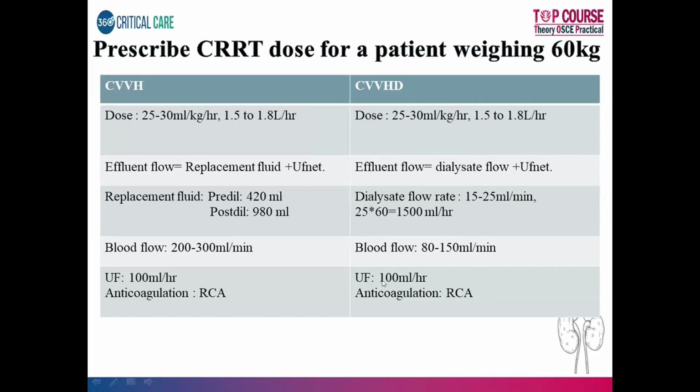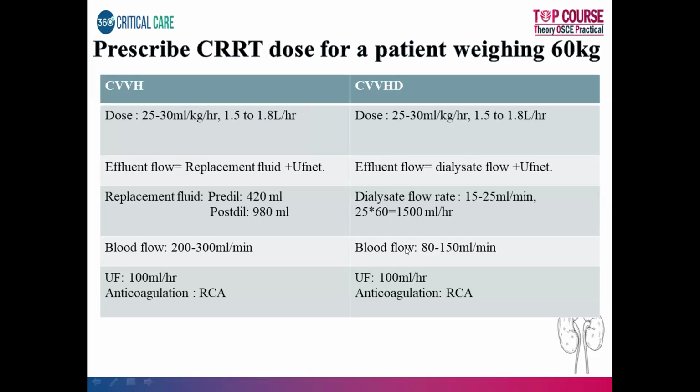The net ultrafiltration rate here also I have taken as 100 ml, so the remaining will be 1400, which can be used as dialysate flow. As mentioned in CRRT, the dialysate flow rates can be kept at 15 to 25 ml per minute. Maximum is 25. When you keep it as 25 ml per minute, this will come as 1500 ml, so the calculation is nearly the same.